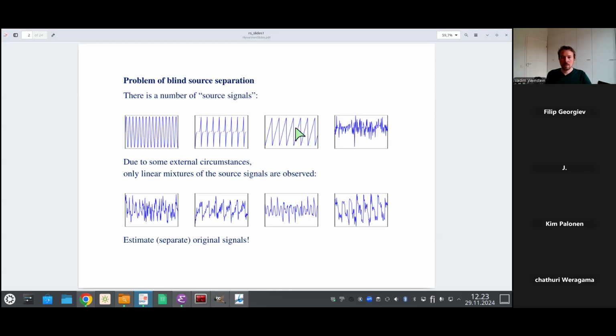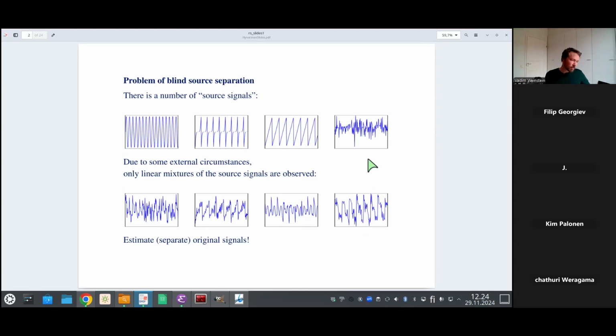Here are some sound data, for example. A very common application is with sound. And all these are mixed linearly. So this one is some sort of weighted sum of all of these four. This one is also another weighted sum of these four, and this is the third one, and this is the fourth one.